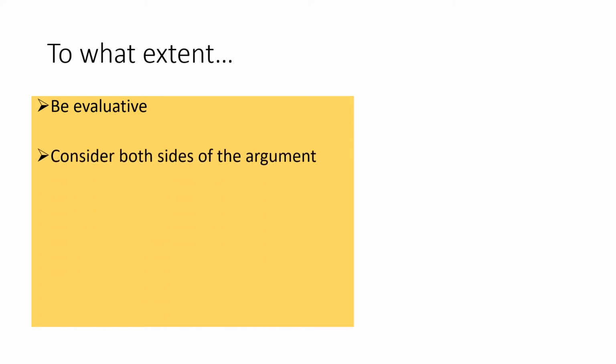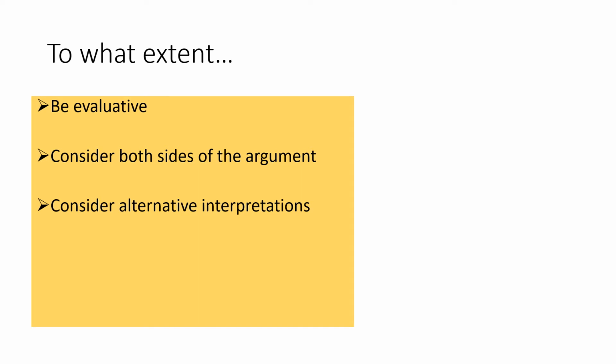That means you must consider, where possible, both sides of the argument. The statement will normally be framed in such a way that it's easier to agree with it than disagree with it. But that's up to you as a student and how you read the text. Normally they're leading you to agree with the statement to the larger extent.